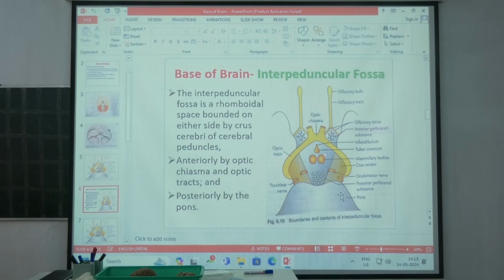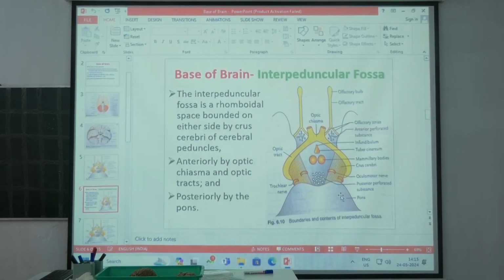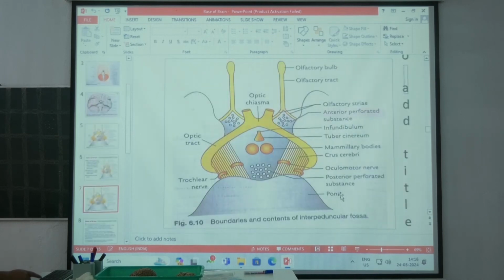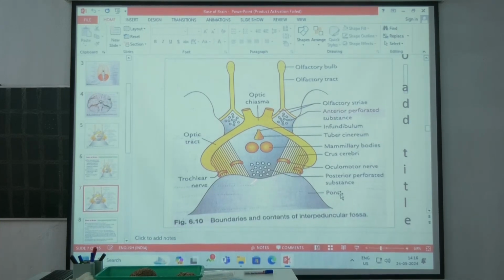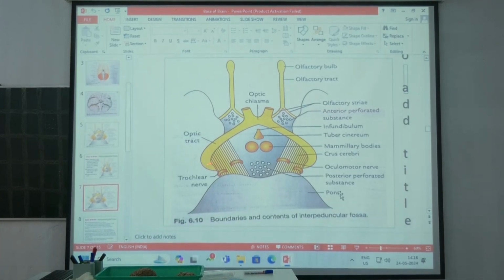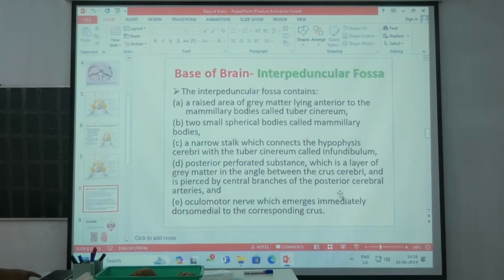You can see the boundary anteriorly by the optic chiasma and optic tracts, posteriorly by the pons, and on either side by the crus cerebri of the cerebral peduncles. Next, we go to the contents. You have seen the infundibulum, tuber cinereum, mammillary bodies, posterior perforated substance, and oculomotor nerve.